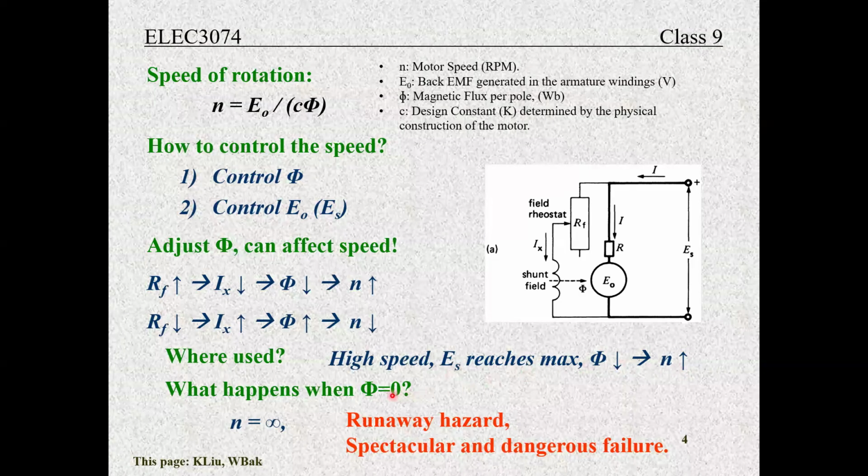So when the magnetic field per pole becomes close to zero, then the speed is going to go close to infinity. And that would be a dangerous situation. Usually it would happen when you have the field and the armature connected in series. Usually. But there's always a but. Okay?